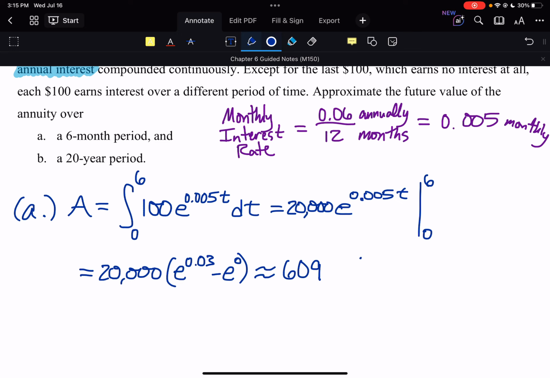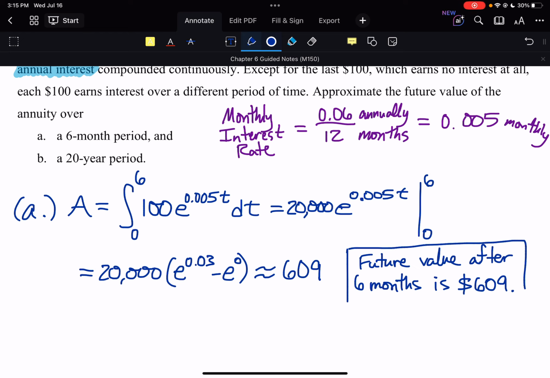So we can say the future value after 6 months is $609.